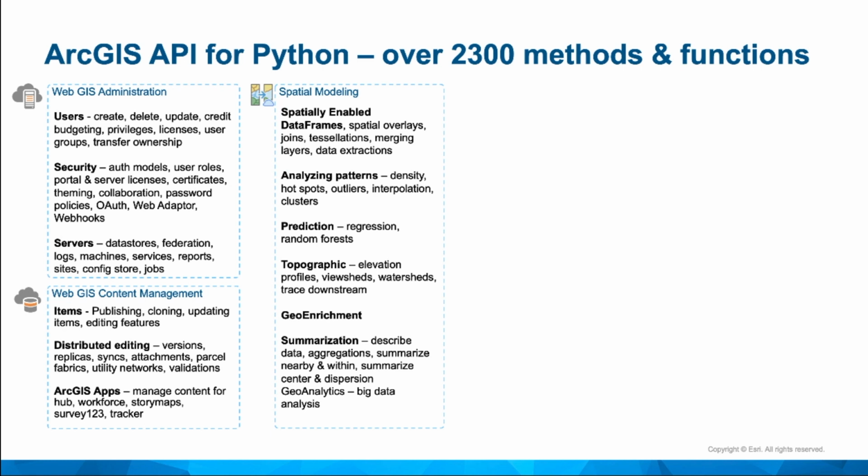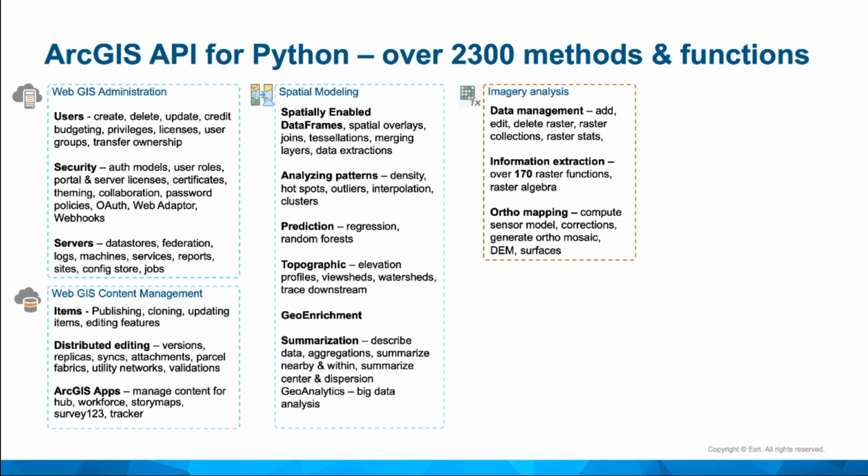You can perform sophisticated spatial modeling using a number of spatial analysis tools. You can read your data into spatially enabled Python data frames and make it available to third-party Python libraries.